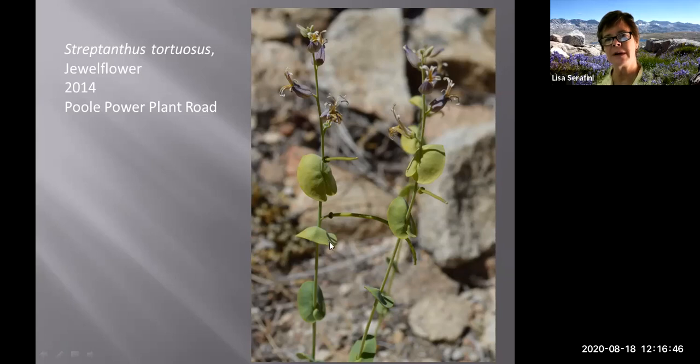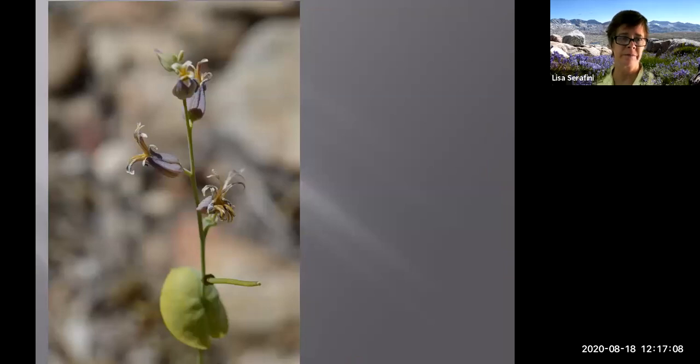What's really distinctive about this plant is the middle cauline leaves are sessile, that is, there's no petiole on the leaves, and they're also lobed or clasping around the stem, and it's a pretty cool look. Some people call this shield leaf because of that also, but it's a very beautiful little jewel flower. And you can see the purple sepals, and these are the petals here.